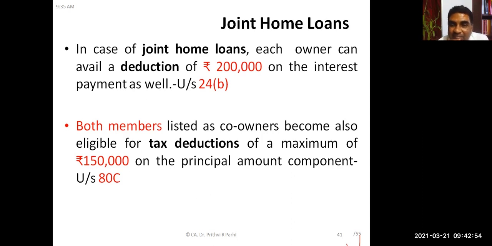And same also for interest on the loan amount: 2 lakh rupees, 2 lakh rupees, 4 lakh rupees can be claimed. Understood? So this is about self-occupied house property.